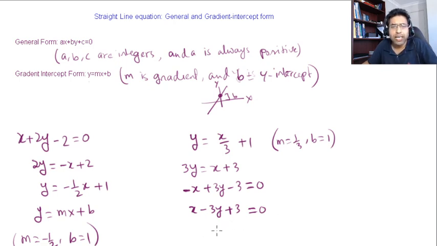So this is the general form. So if we have the gradient form, to convert to the general form, we need to eliminate the fraction and make all integers, with a as a positive integer, and that's how we can get the general form.